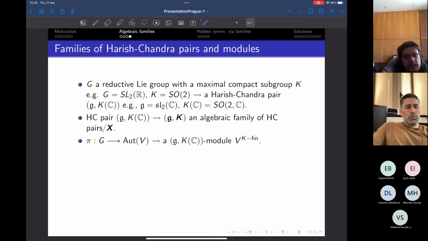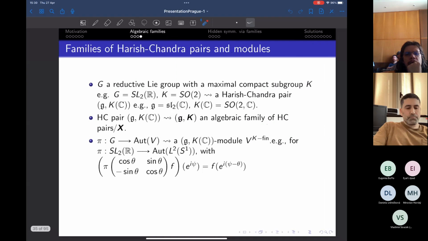And what do you do? You simply take K-finite vectors. What are K-finite vectors? These are all vectors in V that under the action of this maximal compact subgroup K generate a finite dimensional complex vector space. All vectors that generate a finite dimensional space under the action of K.